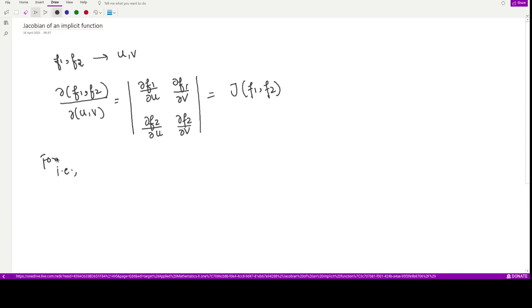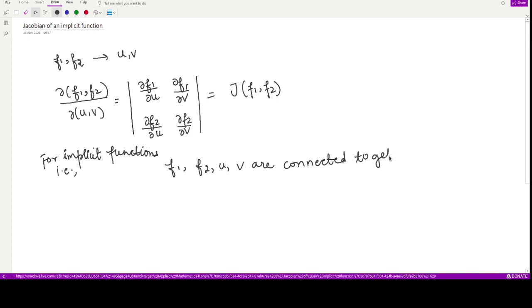For an implicit function, what we are saying is that the functions f1, f2, u and v are connected together by implicit functions.